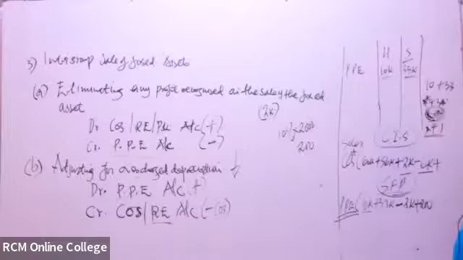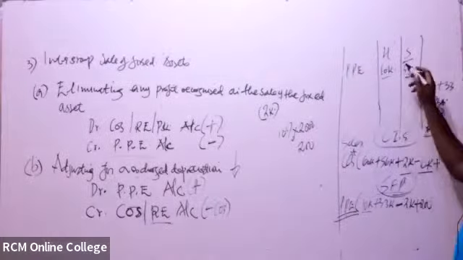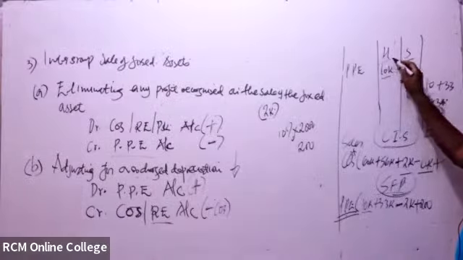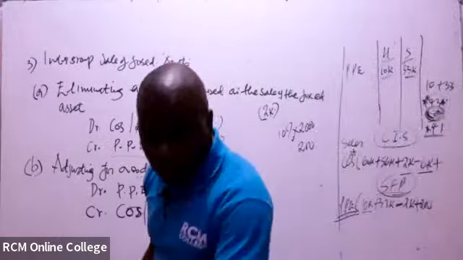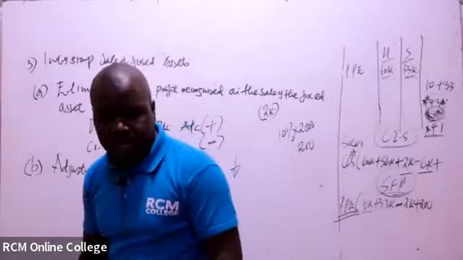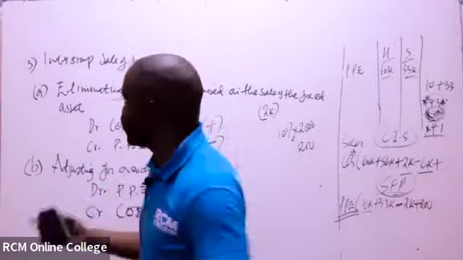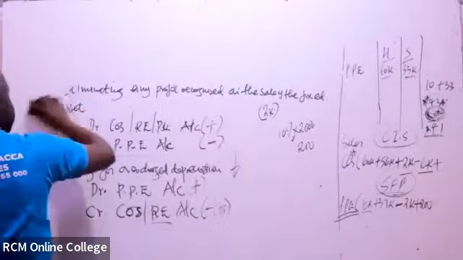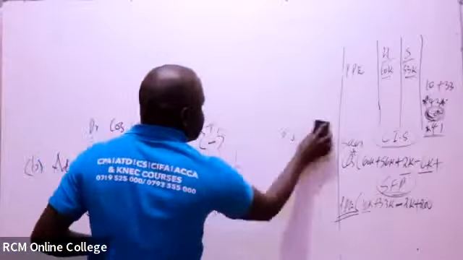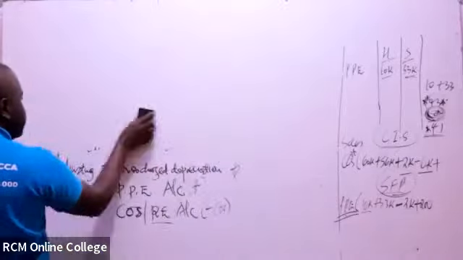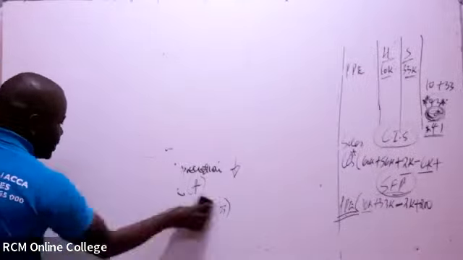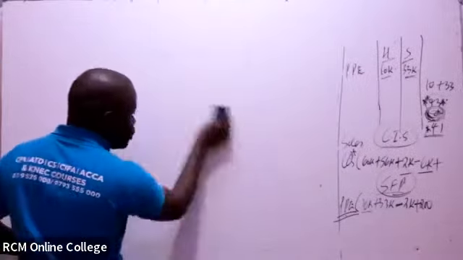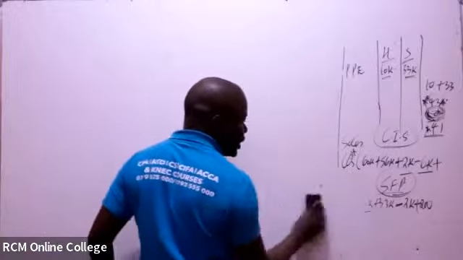What happens if the subsidiary company paid a dividend to the holding company during the year?